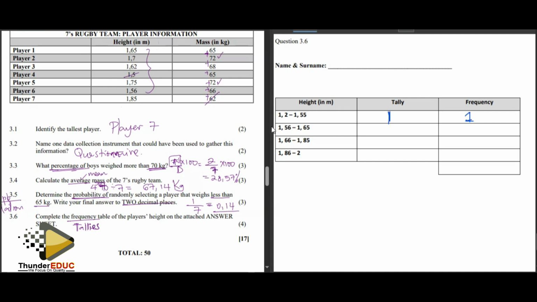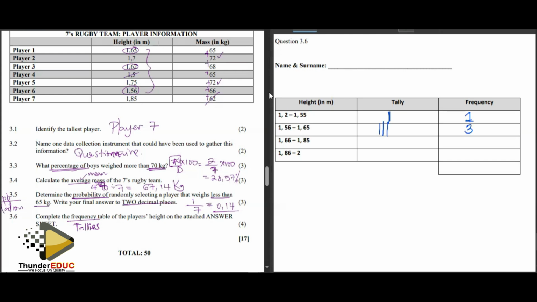All right, between 1,56 and 1,65. We have this, it's 1,65. We have 1, 2, 3. There's no other. So here we should have 3 sticks, and here we have number 3.